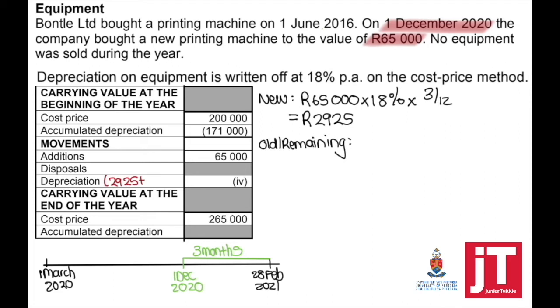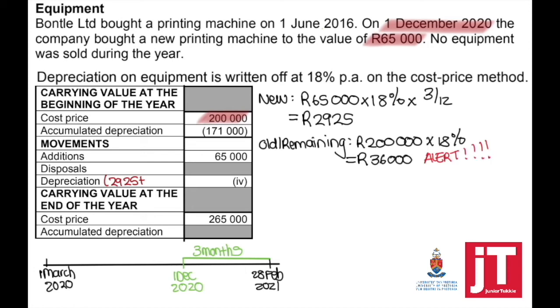Now if I look at the remaining item, remember, the printing machine was bought on the 1st of June 2016. There's a reason why they tell you that. If I take 200,000 and times it by 18%, my depreciation is 36,000.